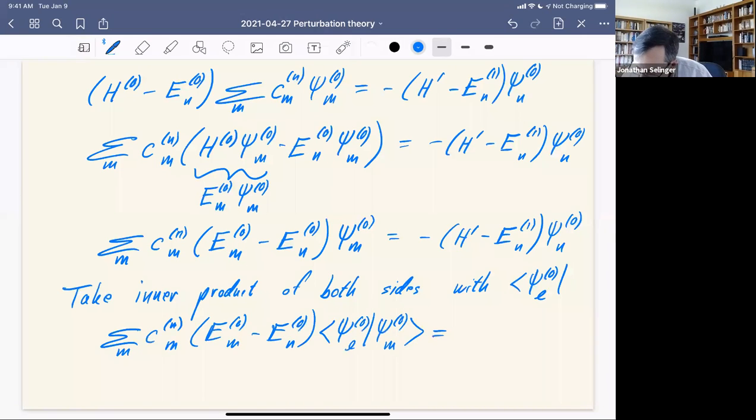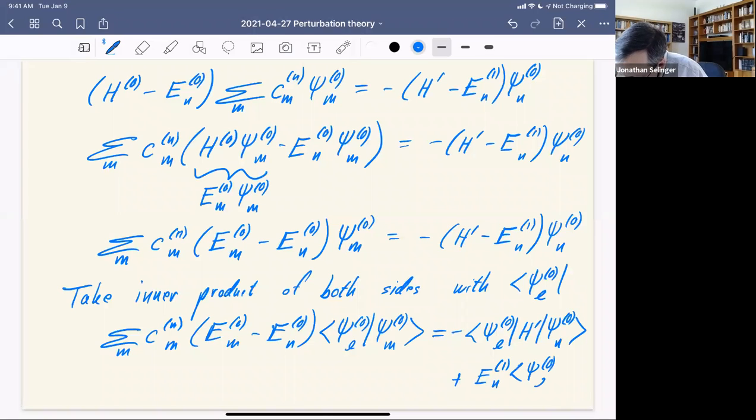What is it equal to? On the right side, we have the inner product of psi 0L with the operator H prime acting on psi 0N, plus E1N times the inner product of psi 0L with psi 0N.